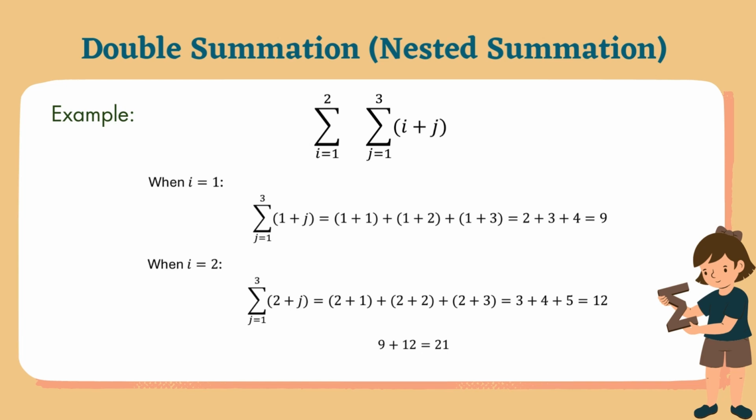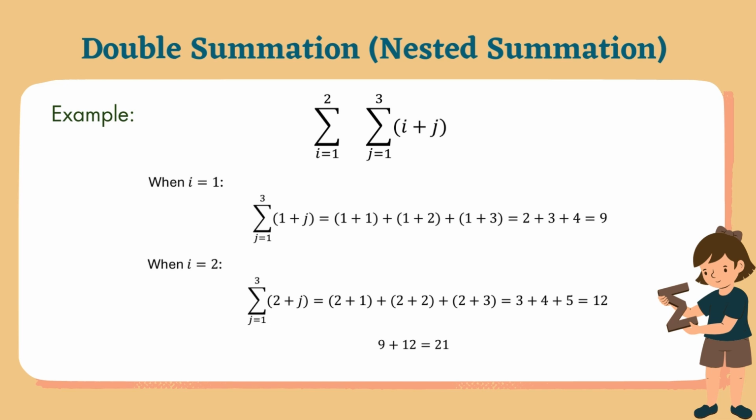So that is the quantity 2 plus 1, plus the quantity 2 plus 2, plus the quantity 2 plus 3. So that is equal to 3 plus 4 plus 5, which is equal to 12. So when i is 2, the value is 12. So we have 9 plus 12, which is equal to 21.